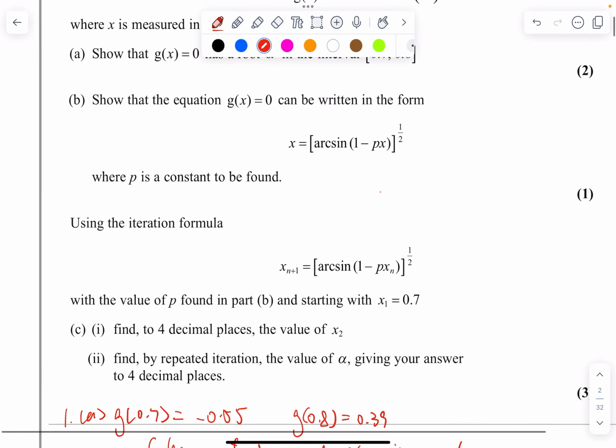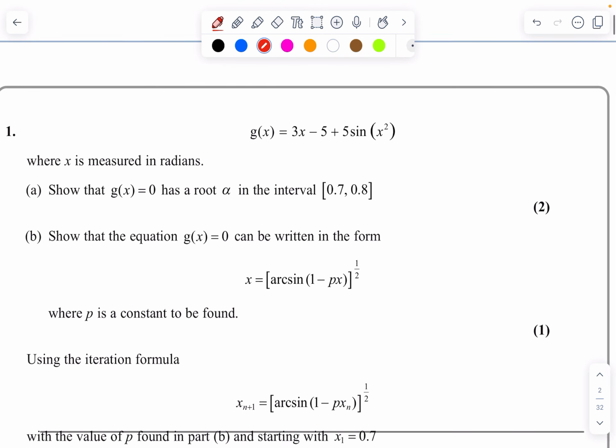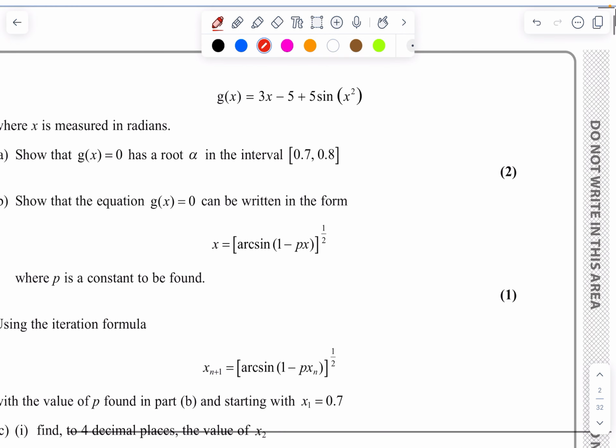And in part B, we have to show that the equation g(x) equals 0 can be written as this. So g(x) equals 0, that means 3x minus 5 plus 5 sin(x squared) equals 0.